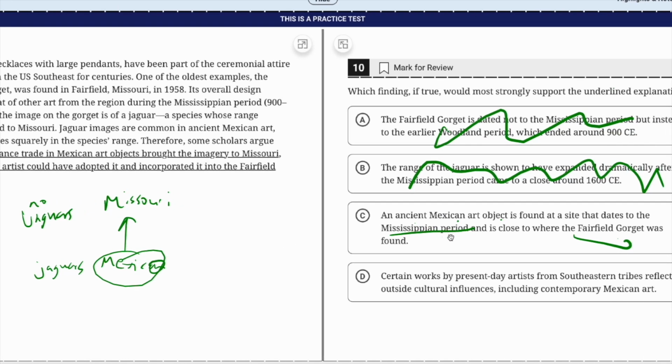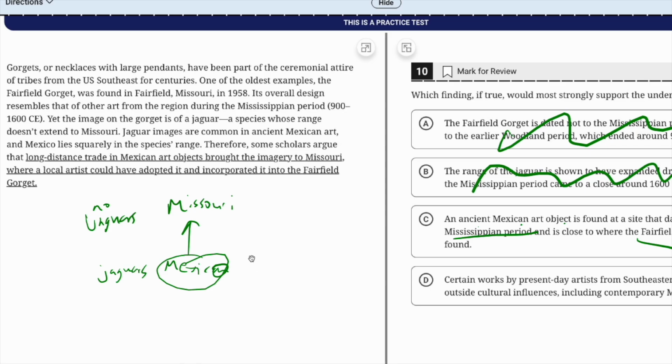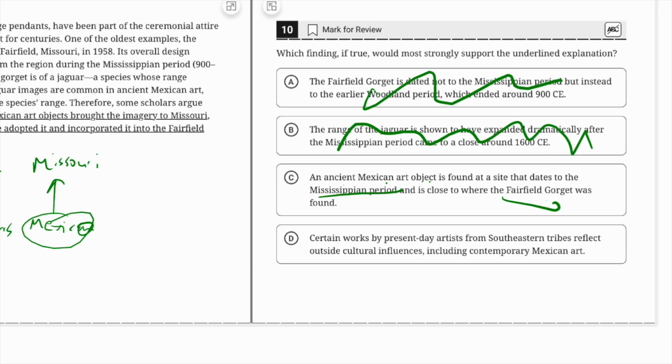We would have an example of Mexican art objects being transported as part of trade between these two regions. And so I think C is going to be correct. That is not relevant either.